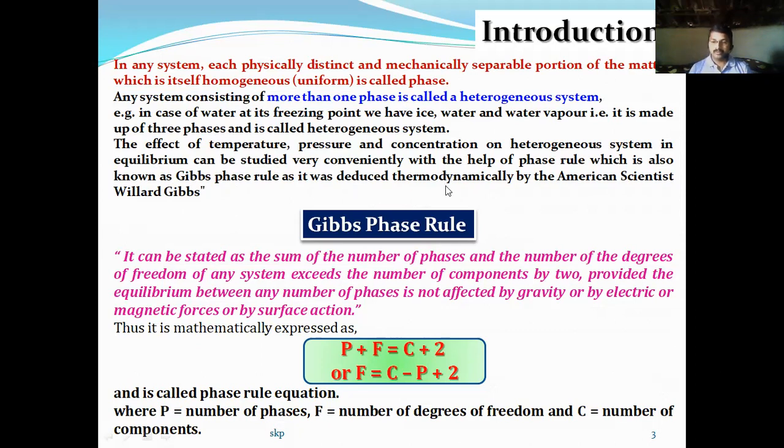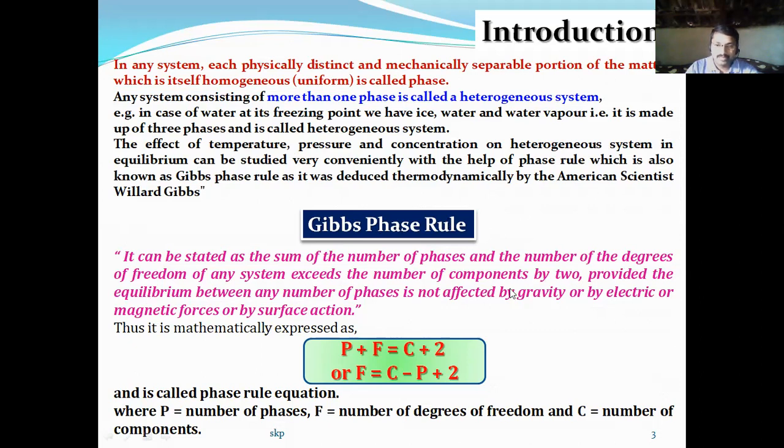So in phase equilibria we will study these systems, homogeneous or heterogeneous, and the effect of different parameters like temperature, pressure or composition on the equilibrium of that heterogeneous system, and for that purpose a phase rule can be applied. So what is phase rule? The Gibbs phase rule, derived by the American scientist Willard Gibbs, is one equation for the convenient explanation of such heterogeneous systems.